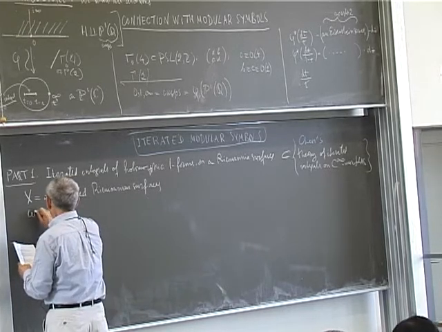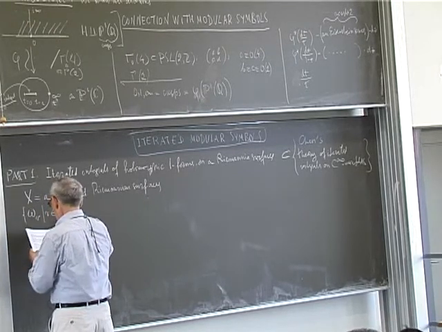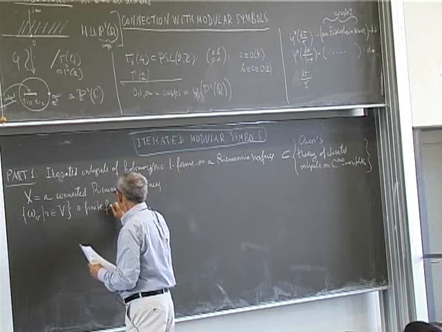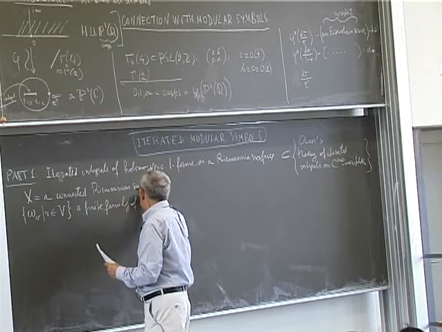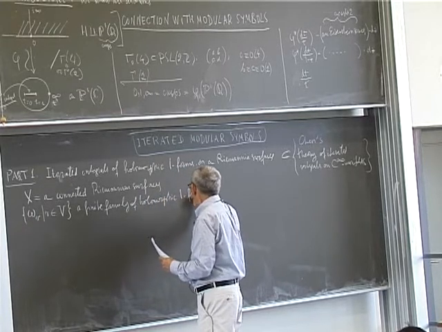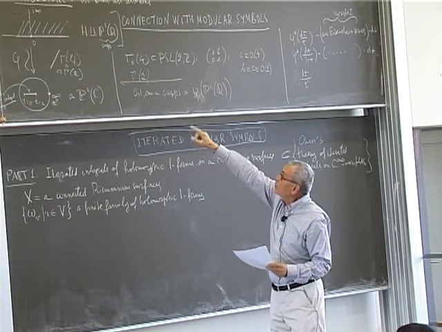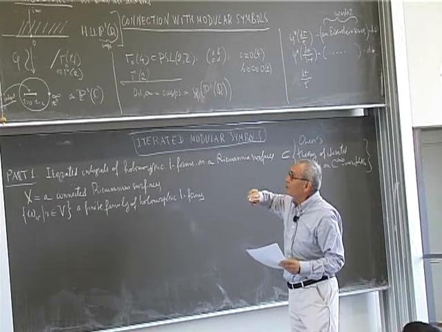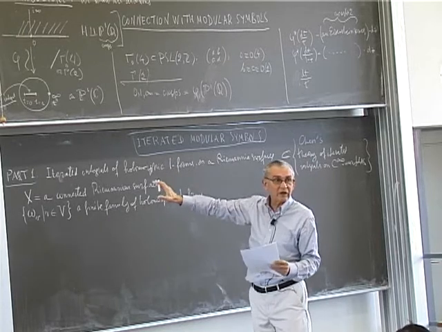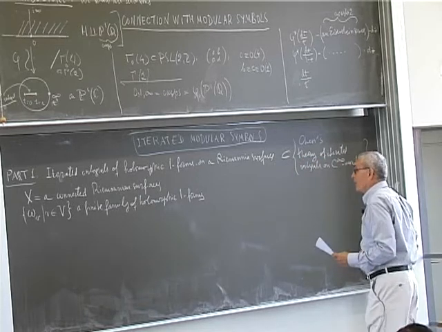So then I will imagine a finite family of holomorphic one forms. The forms like that on the compactified modular curve have poles of logarithmic type, but I will be considering the holomorphic case until the very end. Then I will say a few words about how to deal with logarithmic poles.